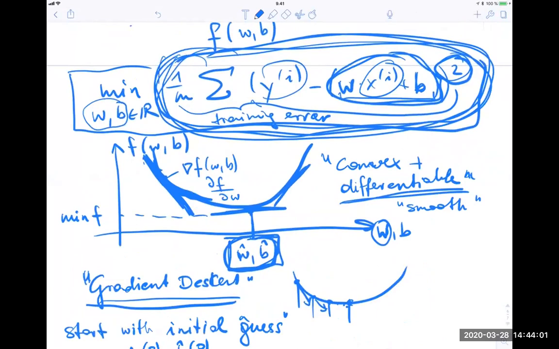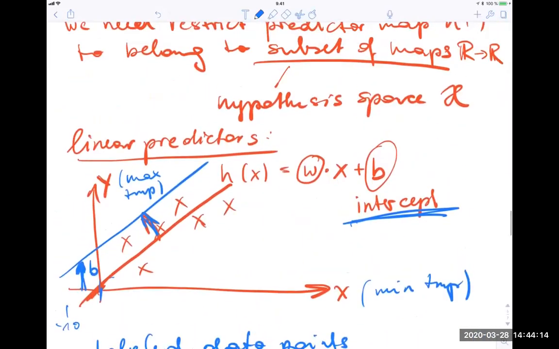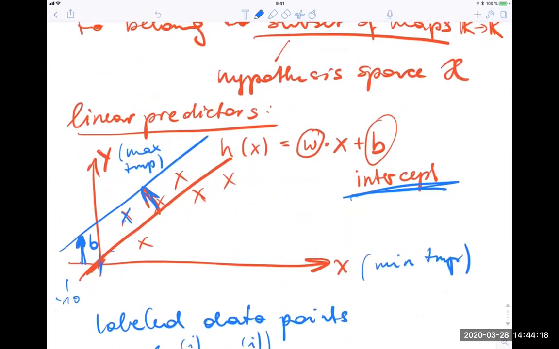And this is a big reason, because you can choose very fancy hypothesis spaces, but if you cannot very efficiently and fast fit these predictor functions to data points, they don't help you that much, because you typically only have a limited time.